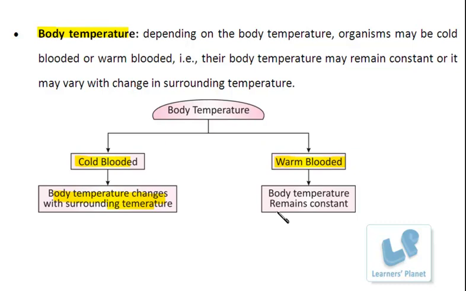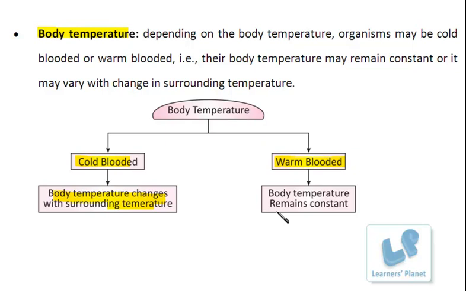Now if it remains constant, definitely they will need high energy also, so as to maintain or regulate the metabolic reactions in such a way that the body temperature will remain constant. So these are further subclassified in this way.